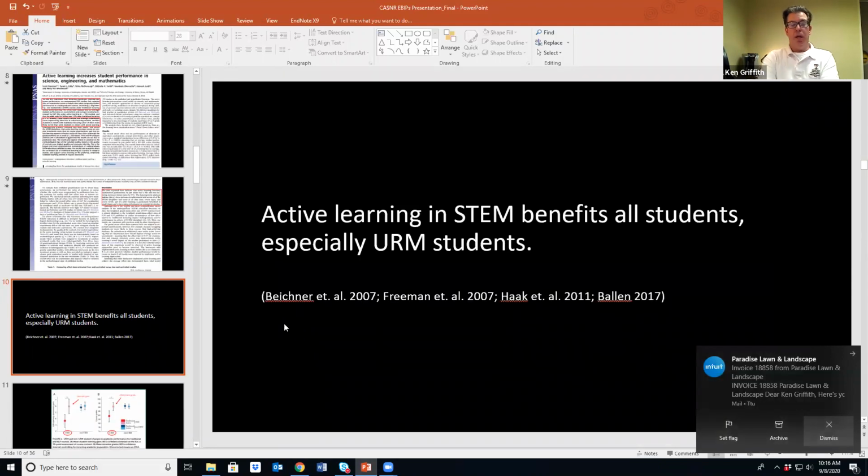So you may be wondering about how active learning affects underrepresented groups. Well, there has been quite a lot of work done on this.